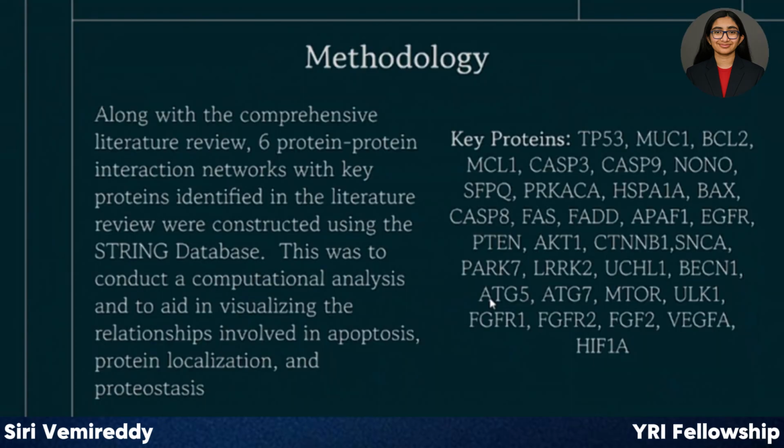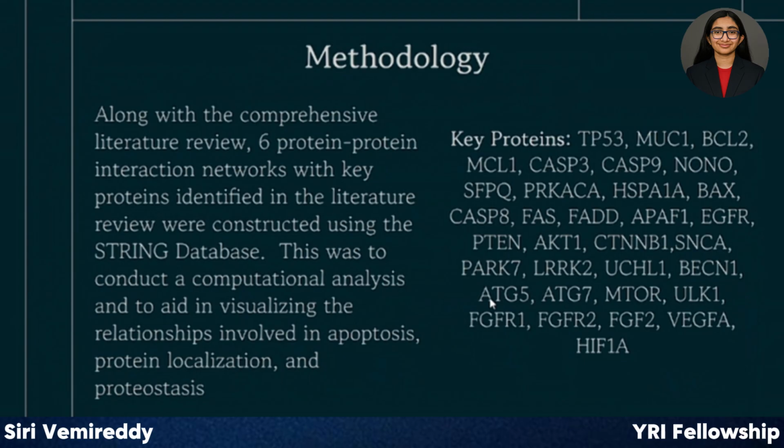Now, moving straight into my methodology, we started with a comprehensive literature review of about 40 research articles and papers, and with the information we got from the literature review, we were able to identify key proteins, which are listed on the right, and utilize those proteins to develop 6 protein-to-protein interaction networks that were constructed by the STRING database.